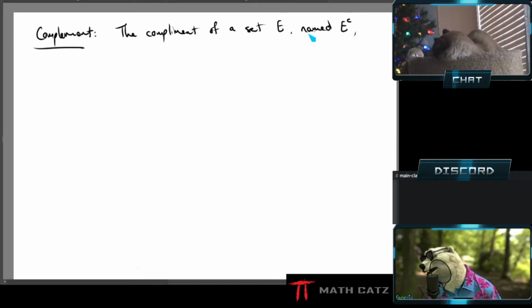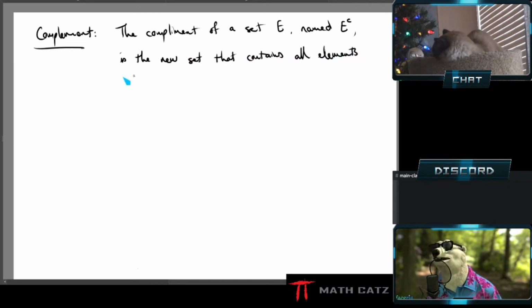But it's coming just from one. It doesn't come from combining 2 sets or multiple. Given a set E, this new set, called E complement, is the new set that contains all elements not in E. Let's visualize that.